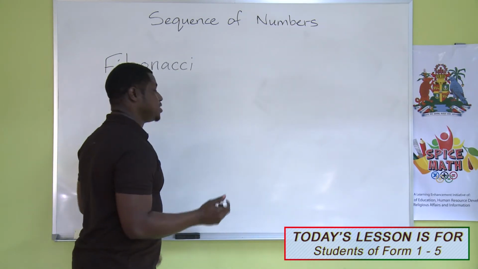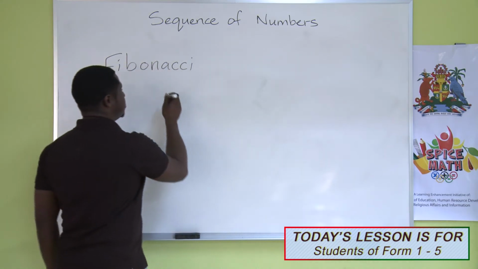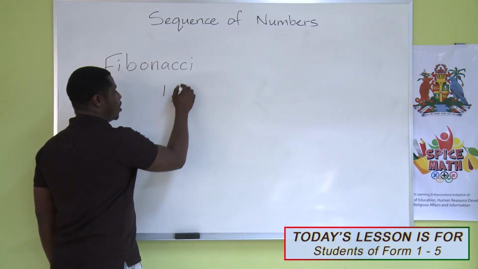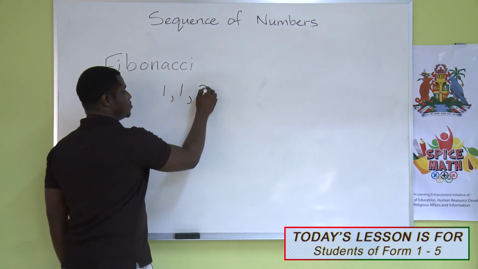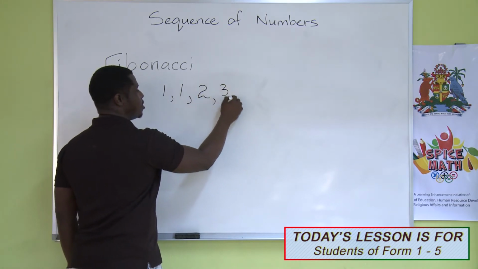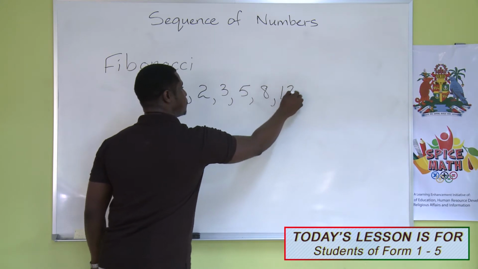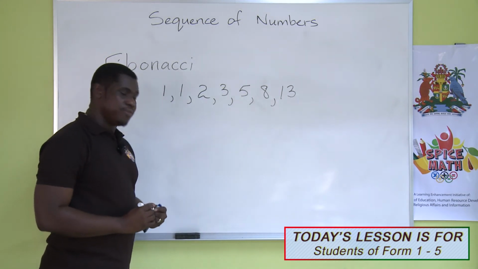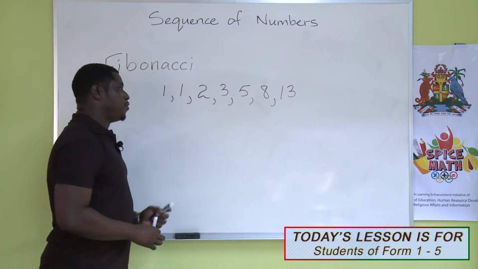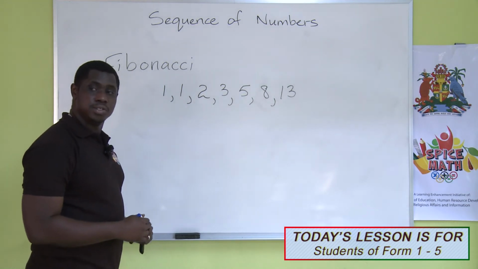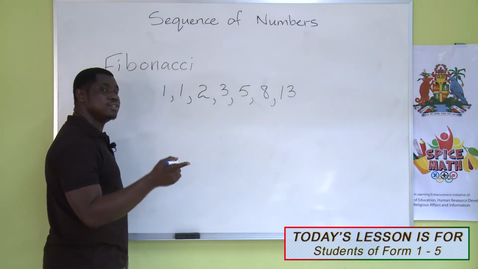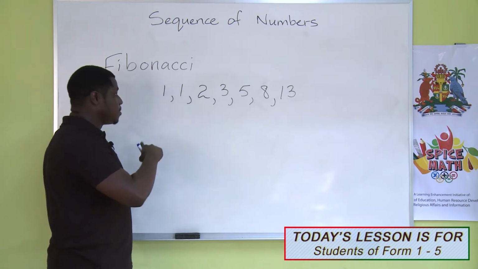Let me show you, if we can first of all see a pattern. 1, 1, 2, 3, 5, 8, 13. For me to get a subsequent term, I would have to add the 2 previous terms.